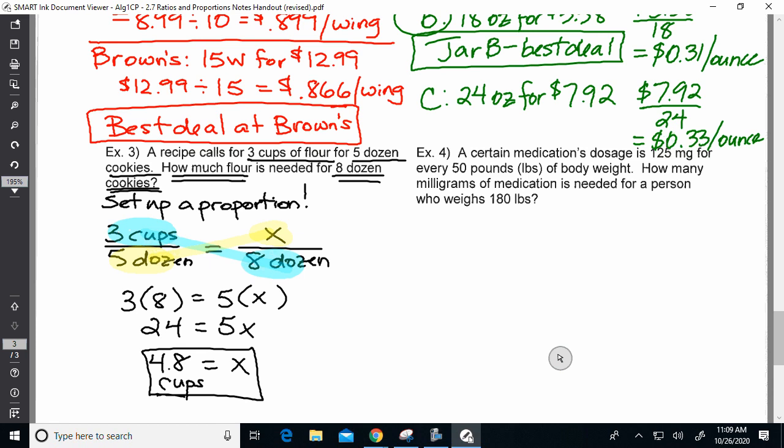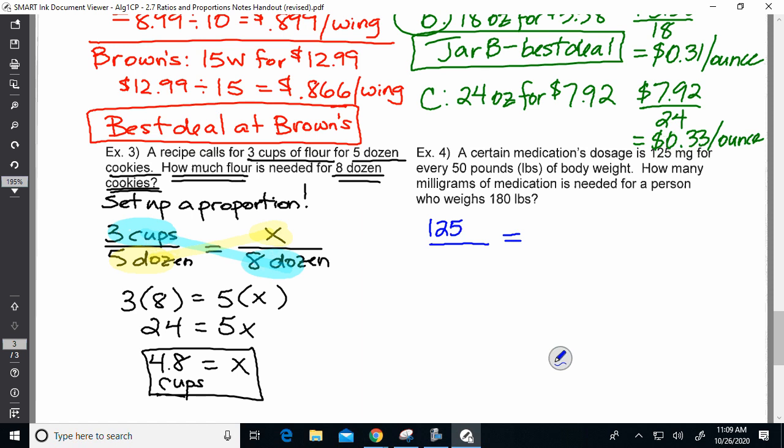All right. Example 4, same rules apply. A certain medication's dosage is 125 milligrams for every 50 pounds of body weight. How many milligrams of medication is needed for a person who weighs 180 pounds? So, somebody tell me how they want to set up the first fraction. Like 125 over 50.